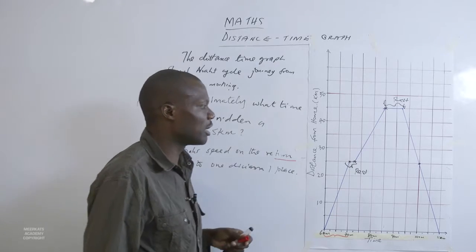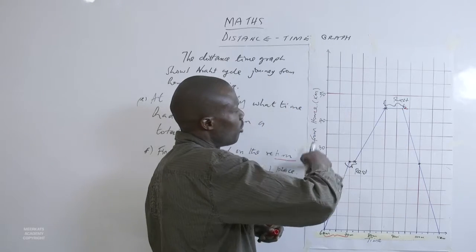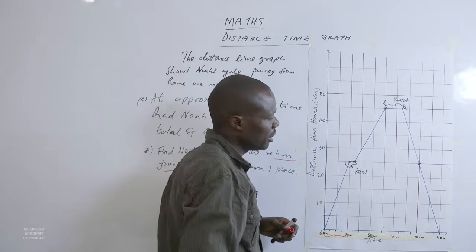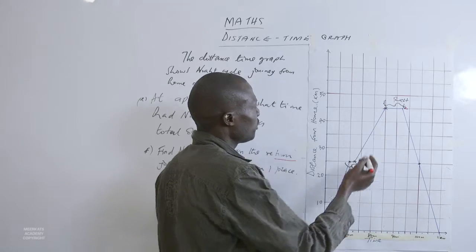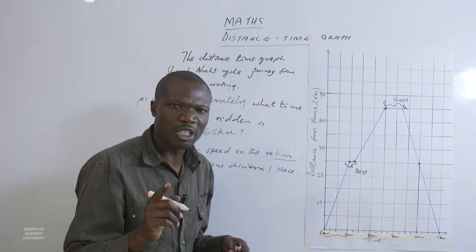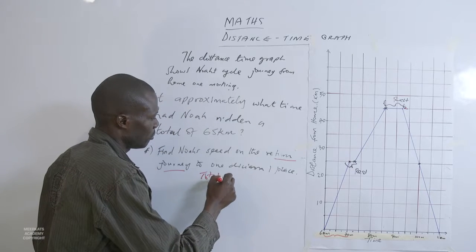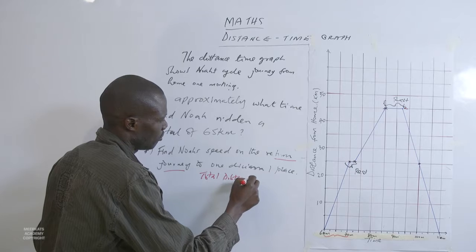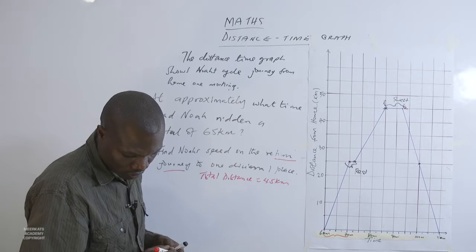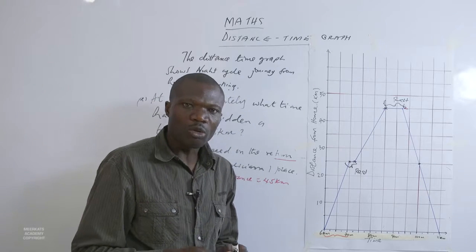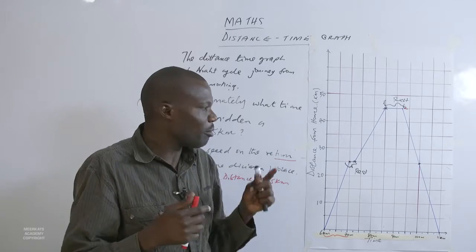The speed of the return journey will be taken by change in the kilometers or the distance up to the end. So I'm looking at 0 to 45. So we are talking about total displacement or total distance as 45 kilometers. Then we go into time because speed is equal to distance over time.